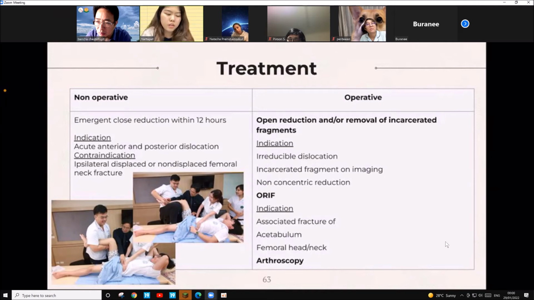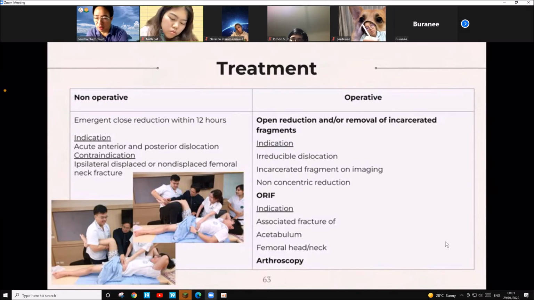It's very pain inducing because of the tension of the muscles in the area, and there could be iatrogenic complications that might require surgical intervention. Yes, you need full sedation and full muscle relaxation. That means you need to do that in the operating theater. Do not do that at the emergency room.